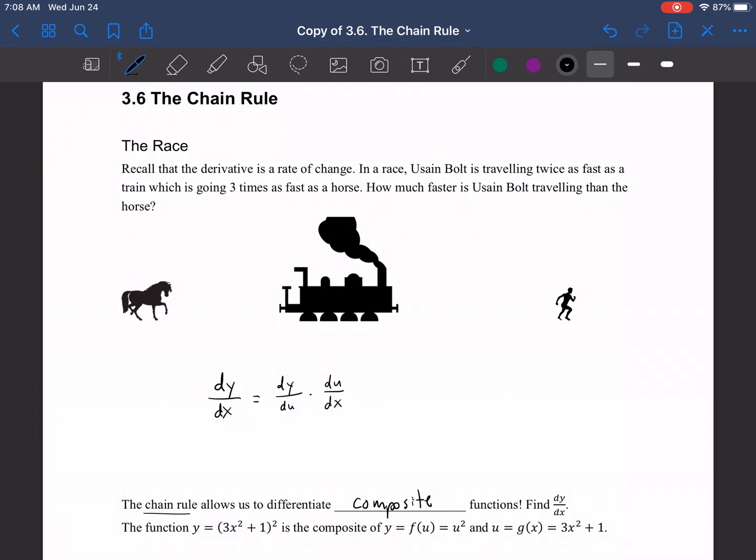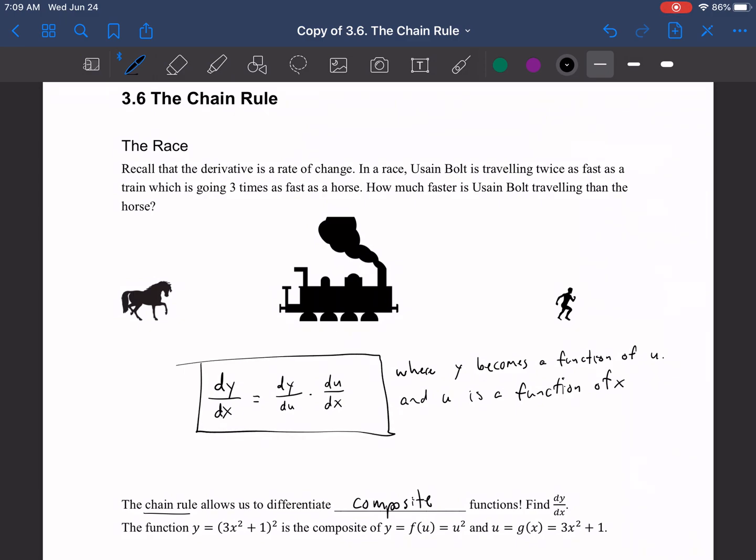So we'll have this be true where y was a function of x, but we're going to make a substitution, and we're going to make y a function of u, a new variable u, and u, this new variable, is a function of x. Okay, and when we do this, this chain rule will hold to be true.